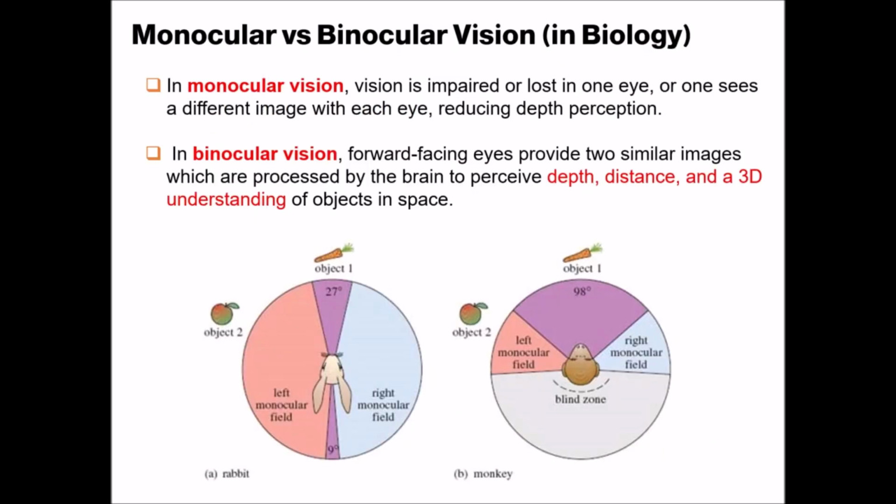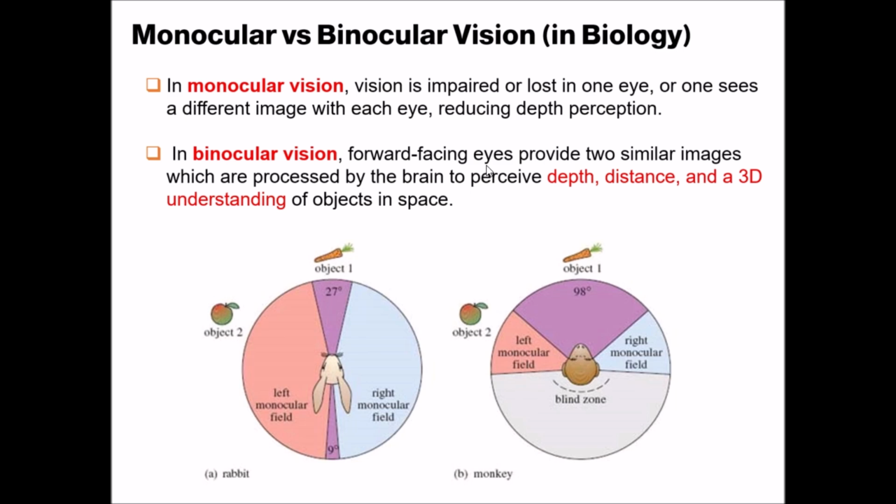Also in biology, they have studied the vision systems of animals and also of humans. For example, here we have monocular vision, which is vision that uses only one eye, either the left or the right eye, as you can see from the picture. And binocular vision is how animals can see based on two images.